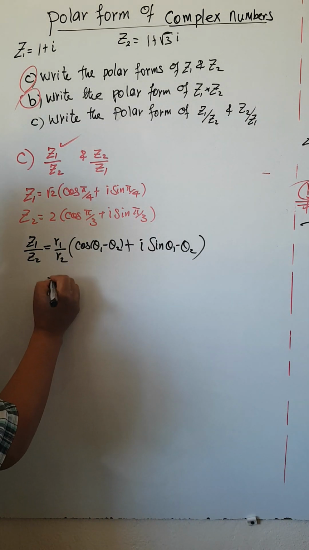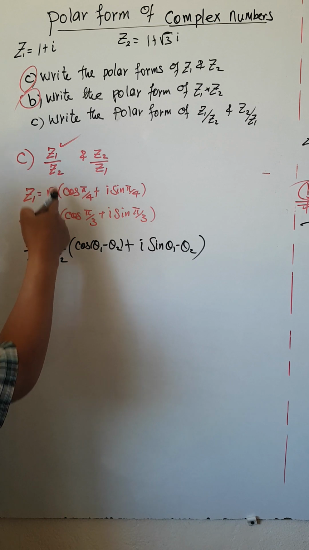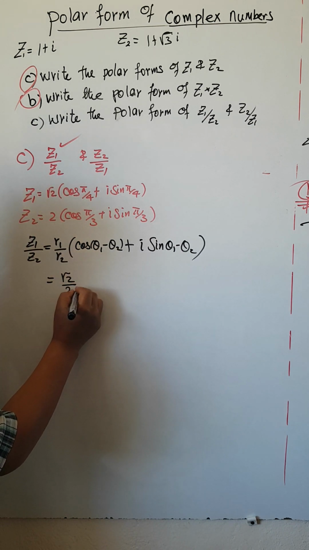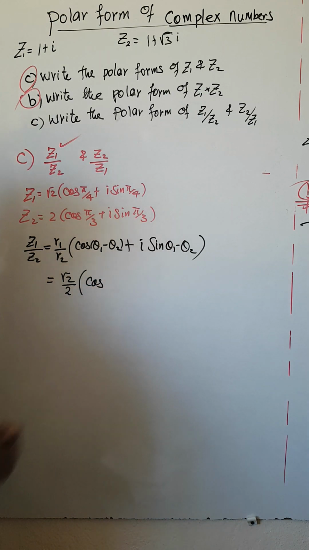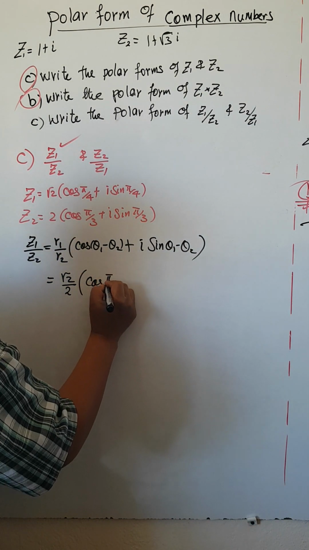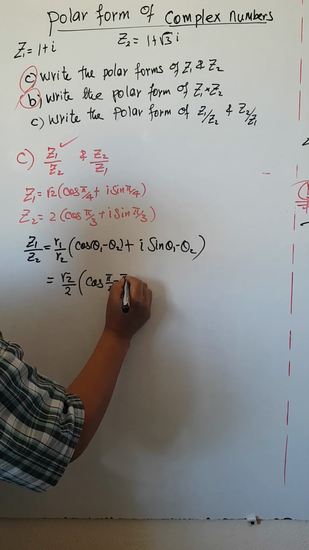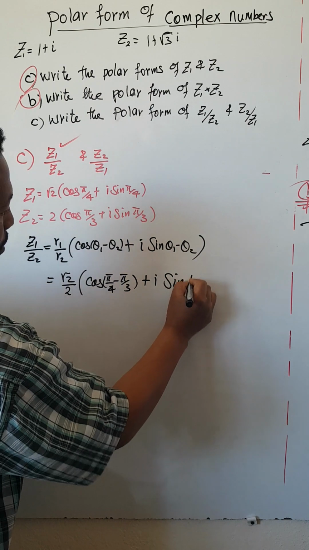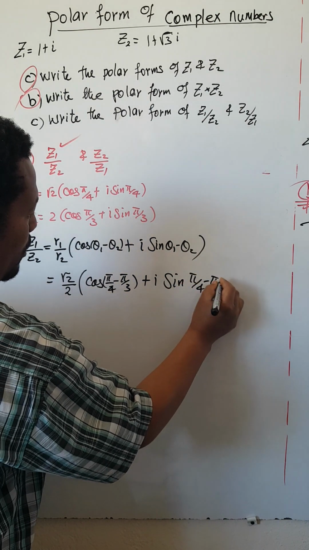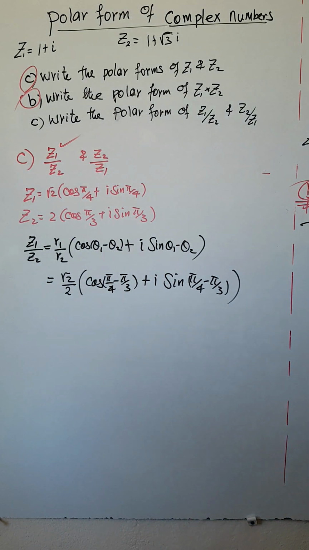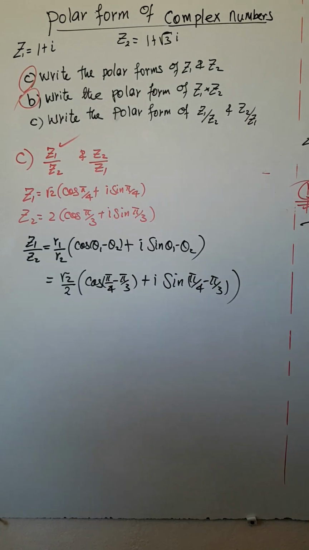So for this case, r1 is square root of 2 divided by 2 into cosine of pi over 4 minus pi over 3, plus i times sine of pi over 4 minus pi over 3.